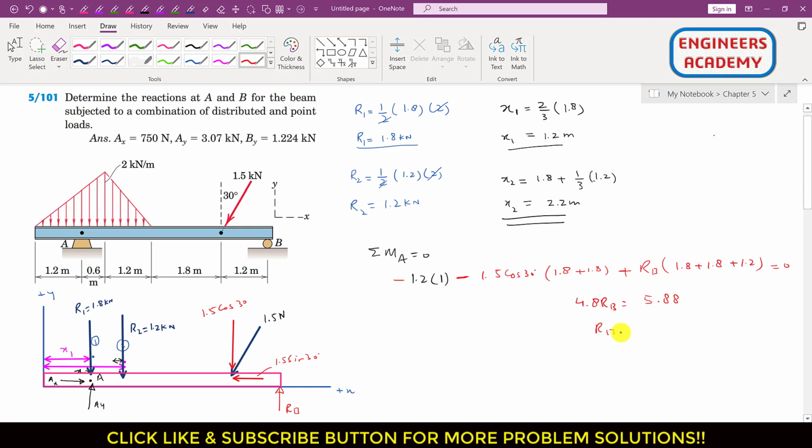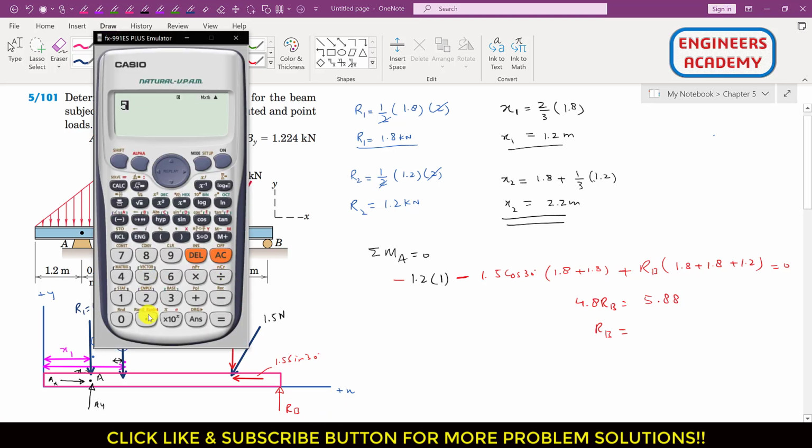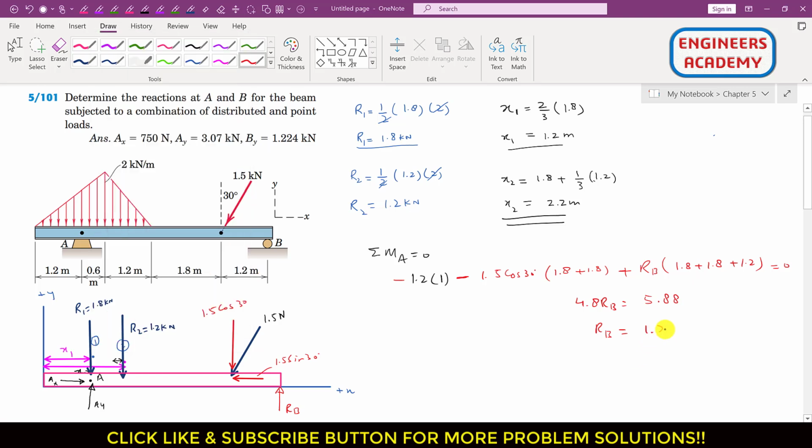So RB equals 5.88 divided by 4.8. So this is equal to 1.225 kilonewton, right? So this is that reaction at point B.